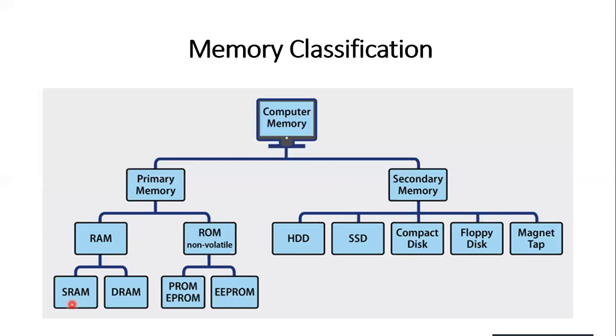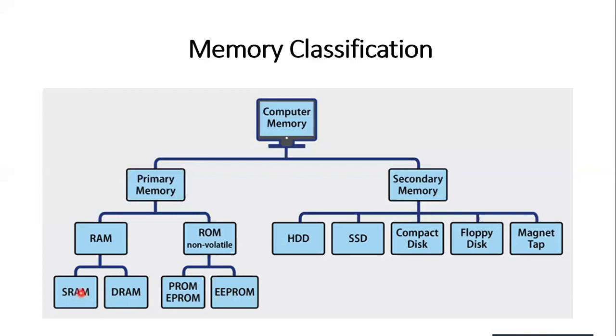Here, each memory cell requires 6 transistors. Therefore, the memory chip has low density but high speed. This memory is more expensive compared to other memory, and it consumes more power than the dynamic memory.